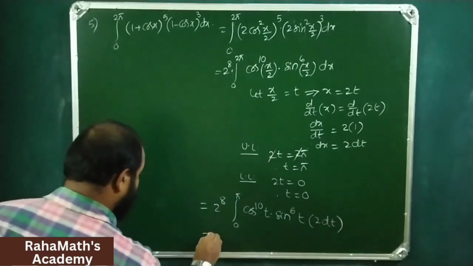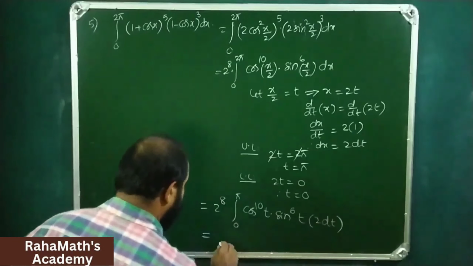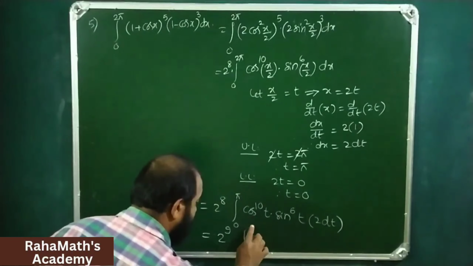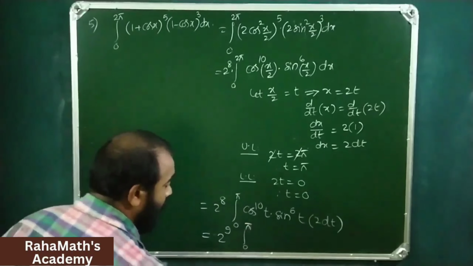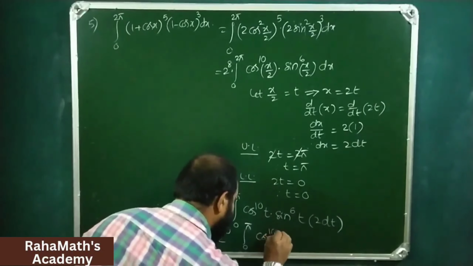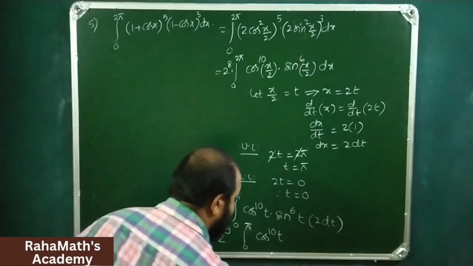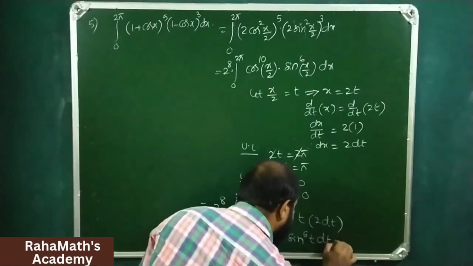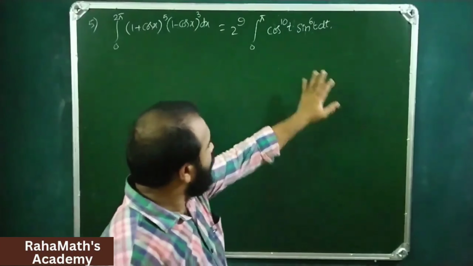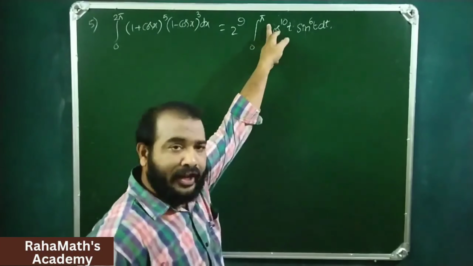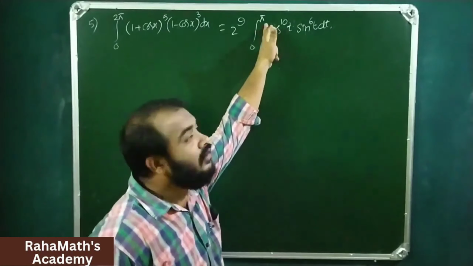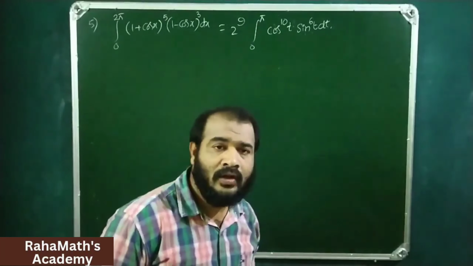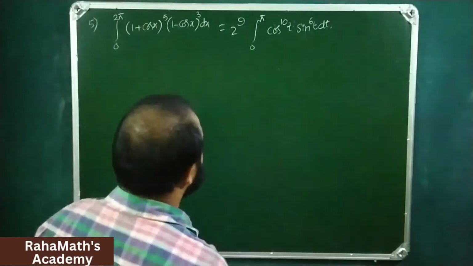This is equals to 2 power 8 into 2 is 2 power 9, integral 0 to pi cos power 10t into sin power 6t dt. Since this is not the regular 0 to pi by 2 interval, we have to convert it. How? Through the suitable properties.